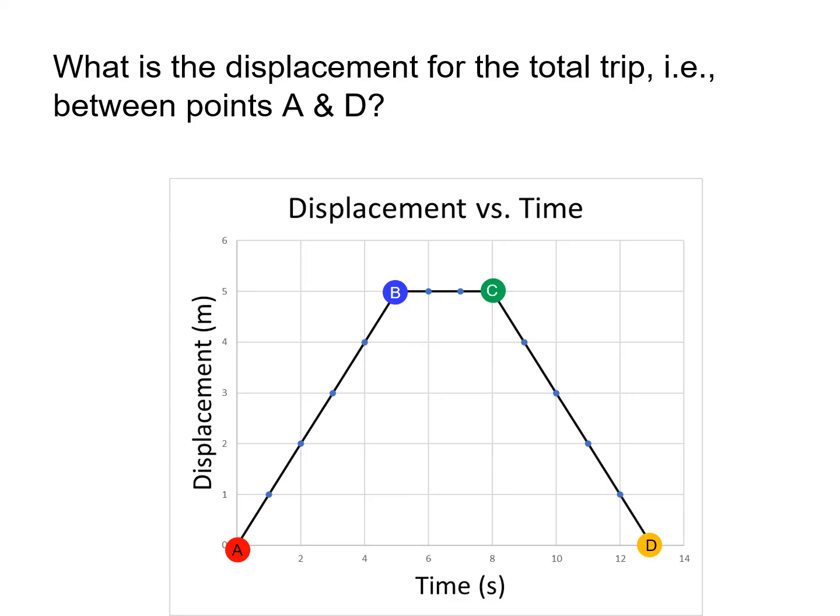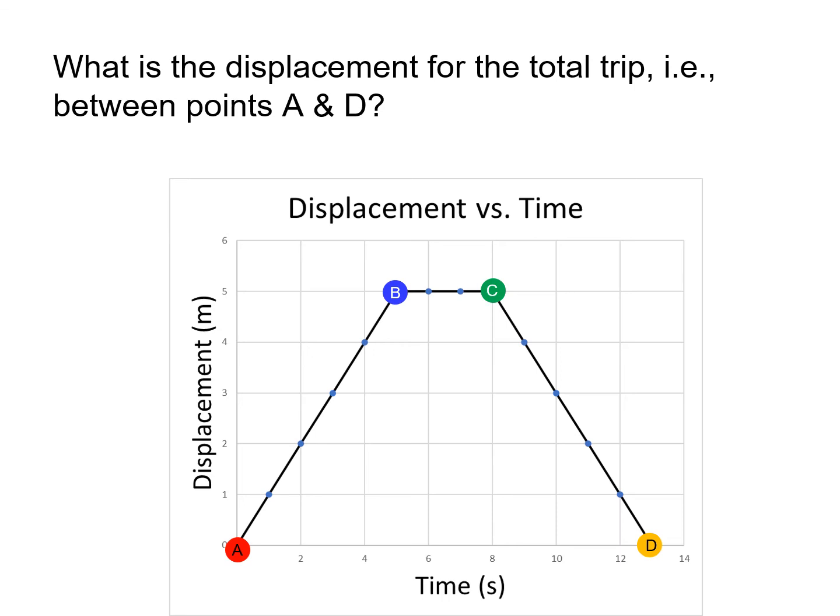Instead, what it's showing you is, if we think of the object as a car, it leaves at some time, goes a certain distance at a certain constant speed, stops for a few seconds, then goes back in the opposite direction at a constant speed.